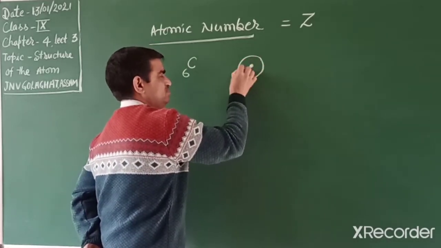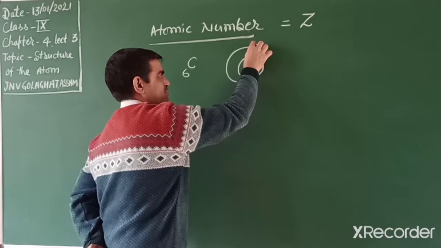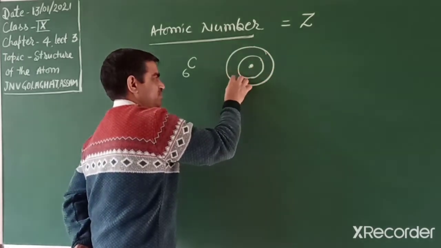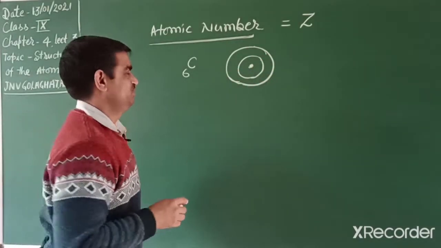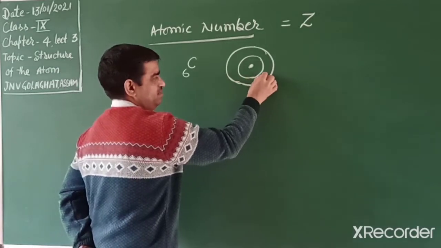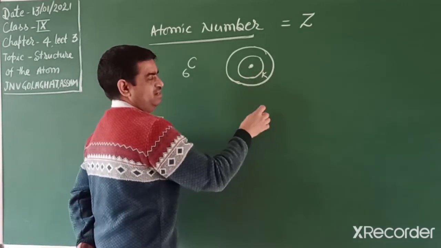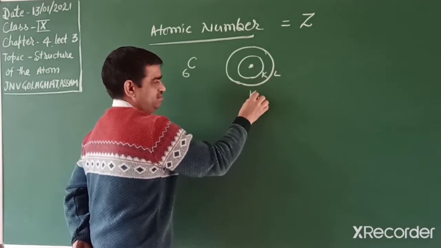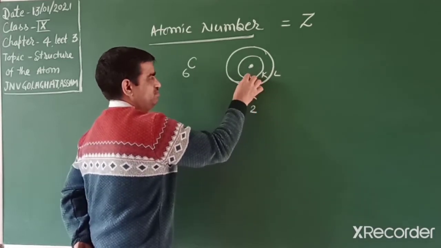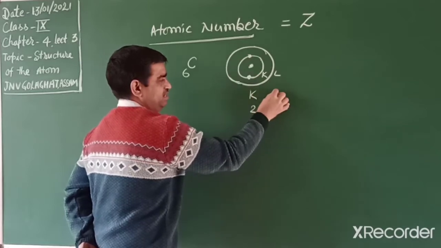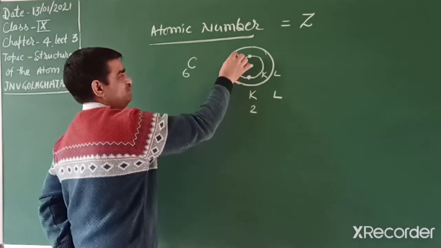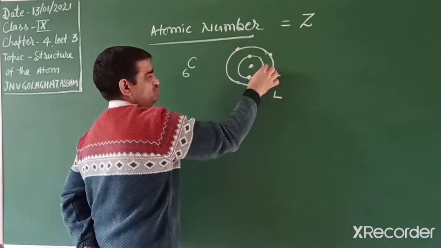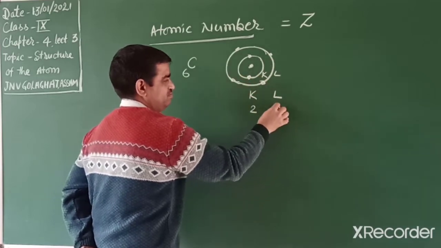So in this structure, how can we write its electronic configuration? First shell, that is the K shell, then the second, the L shell. In the K shell, we fill 2 electrons, and in the L shell the remaining 4 electrons: 1, 2, 3 and 4.